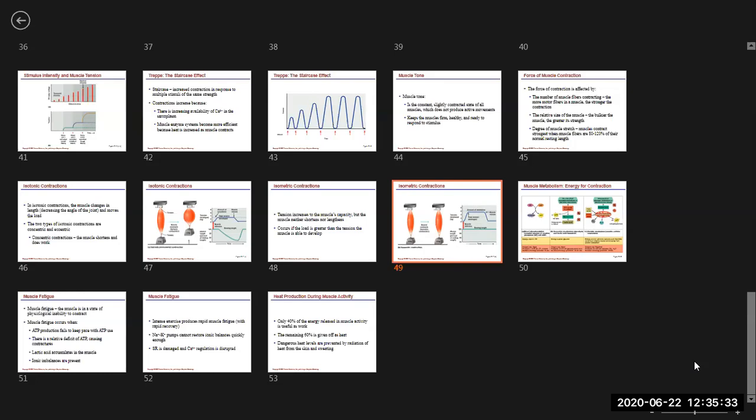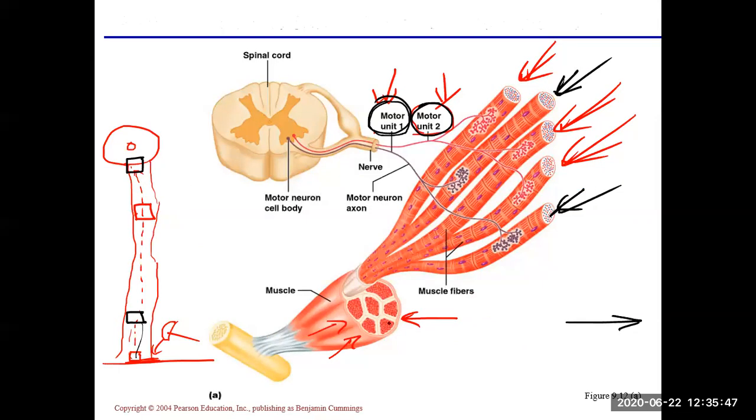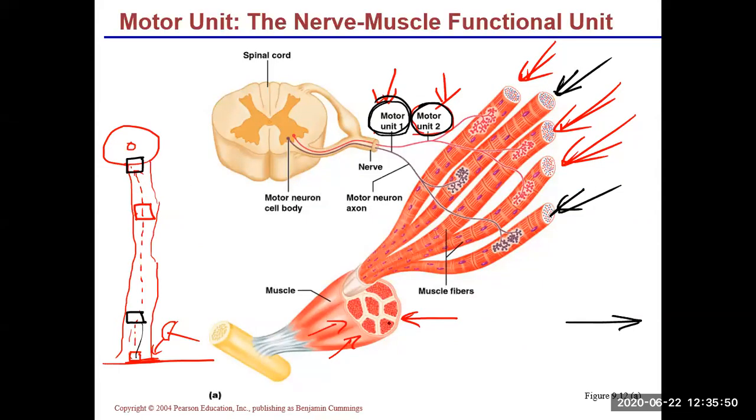When you are in an emergency situation, you can recruit a lot of muscles. Going back to this part right here. For example, something emergency, the house is on fire and you need to get out. All these motor units are going to stimulate all at the same time, and they're all going to contract, so you're going to get the maximum response.